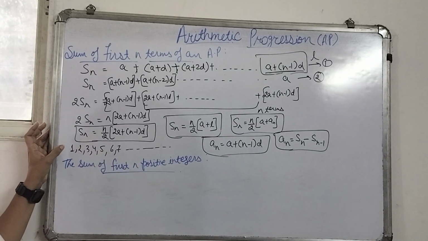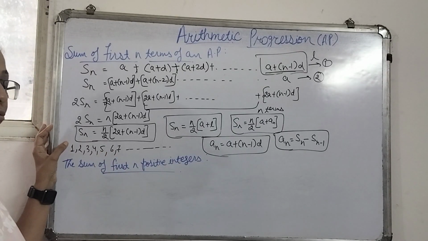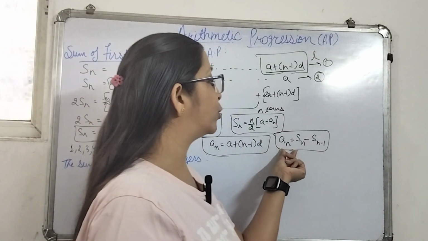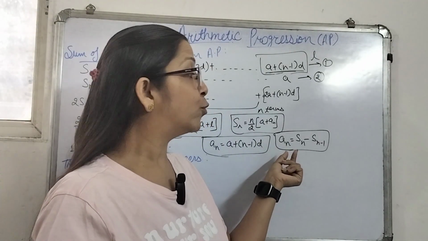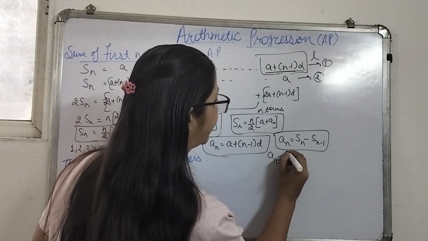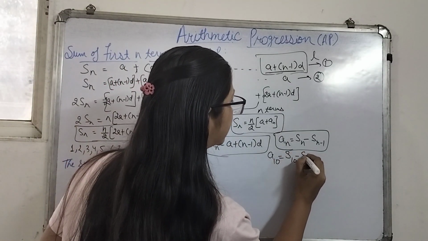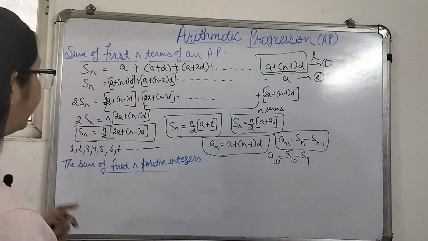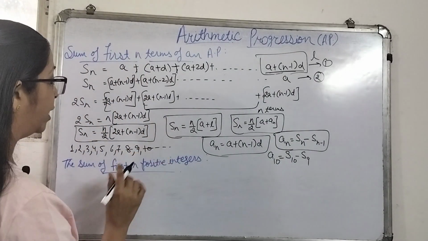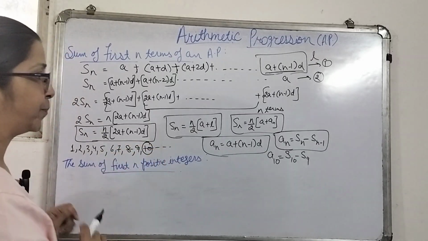The first term is 1, the second term is 2, the third term is 3, like that only. So for finding, suppose, the 10th term, what will we do? It will be the sum of 10 terms minus the sum of 9 terms. Suppose I am taking it till 8, 9, 10. We have to find this 10th term.